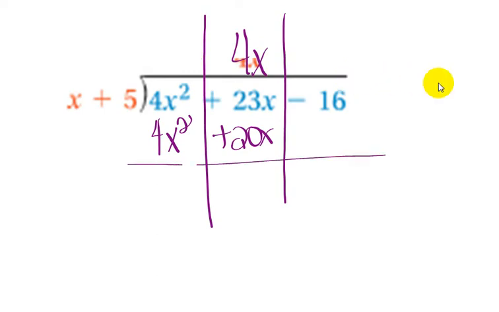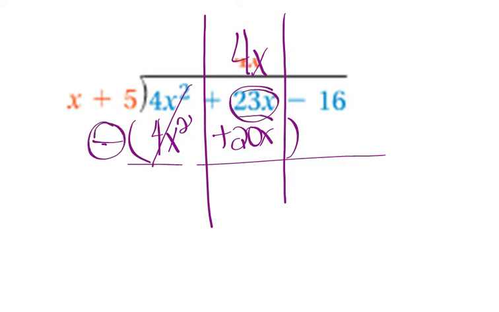Now we're going to subtract this whole term from the original. So 4x squared minus 4x squared is 0. That goes away. Now we've got 23x minus 20x. So that's going to leave us with a 3x.